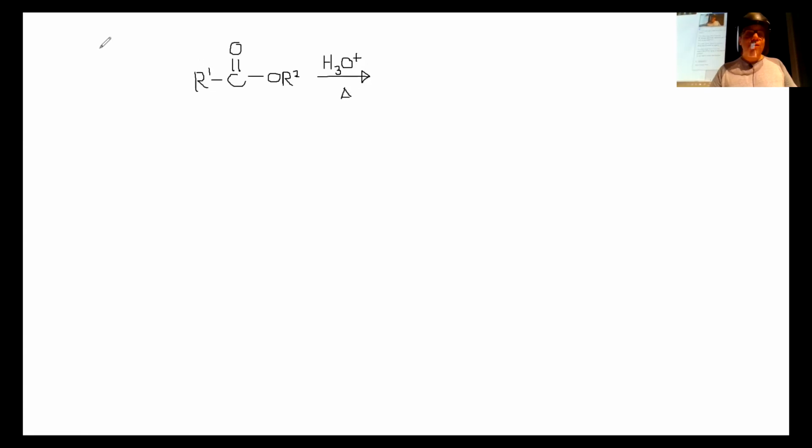So this is going to be acidic hydrolysis. This is one way of breaking down an ester into its component carboxylic acid and alcohol. So this is acidic hydrolysis of esters, and we would expect to get at the end the original carboxylic acid.